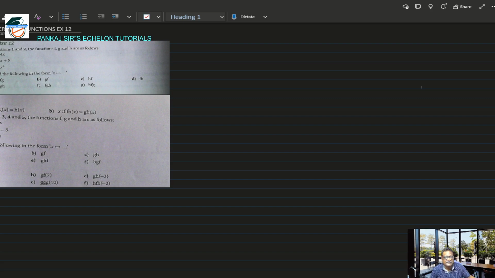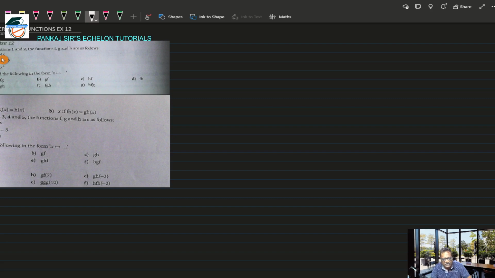In this particular exercise 12, let us see how many questions we can do today. I have chosen these 4 questions right now, so let us try to answer them one by one. For question number 1 and 2, these are the functions given to you.